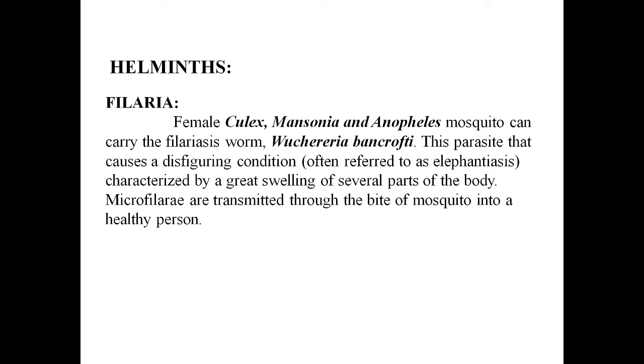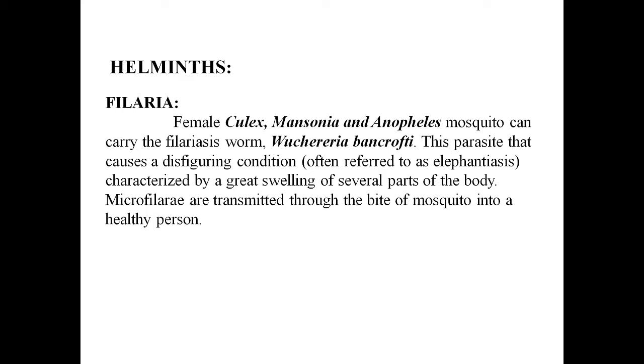This parasite causes a disfiguring condition, commonly called elephantiasis, which is characterized by great swelling of several parts of the body. The microfilariae are transmitted through the bite of the mosquito into the healthy person.